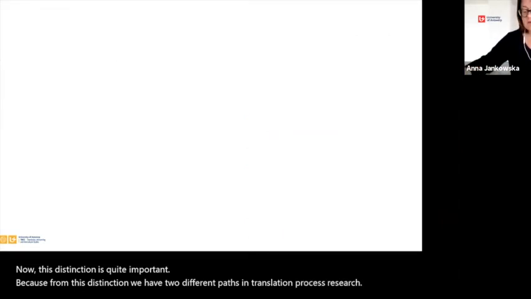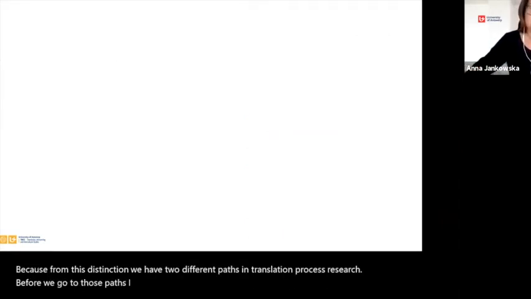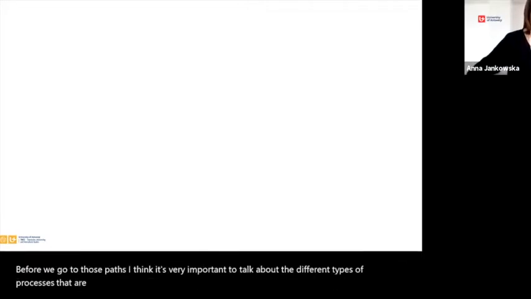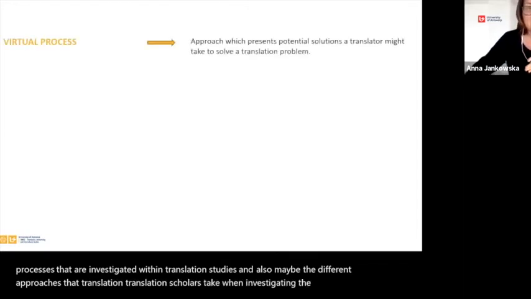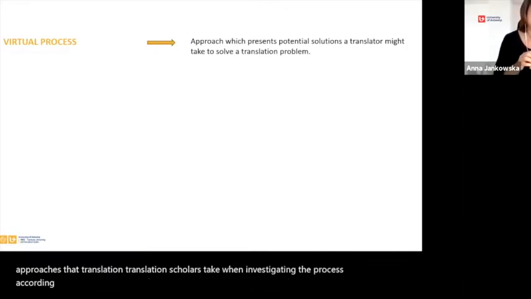Before we go to those paths, I think it's very important to talk about the different types of processes that are investigated within translation studies, and also maybe the different approaches that translation scholars take when investigating the process. According to Andrew Chesterman, you can have four processes or four ways of modeling the translation process.